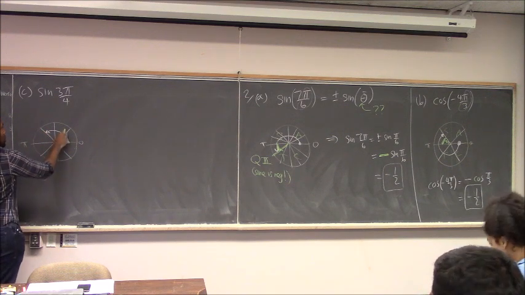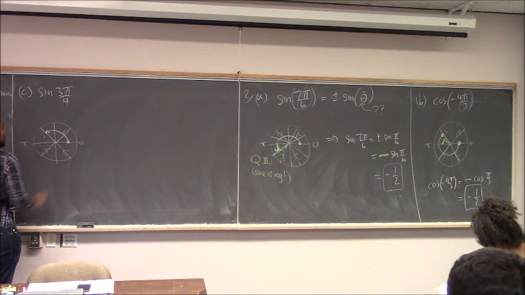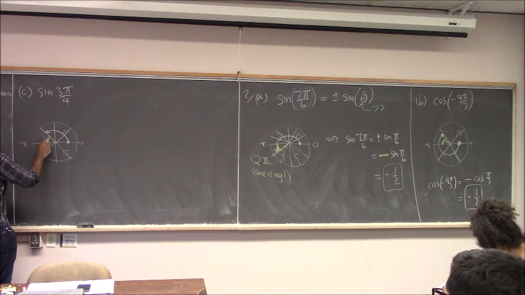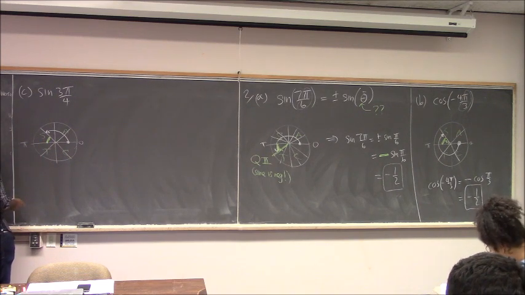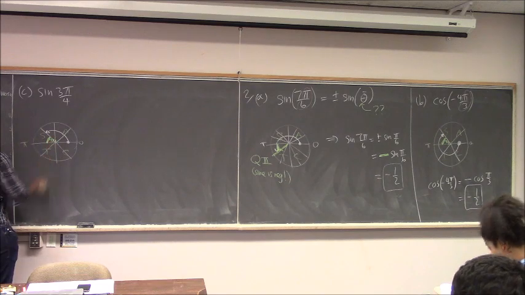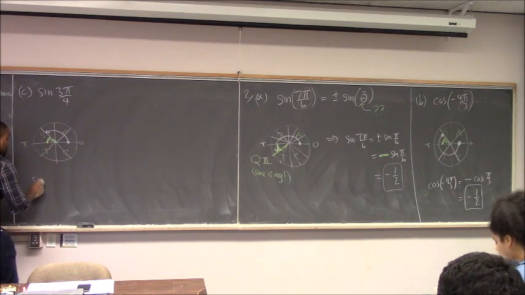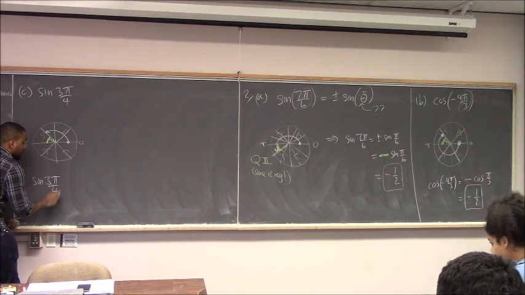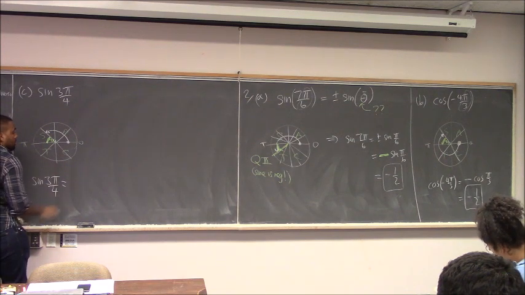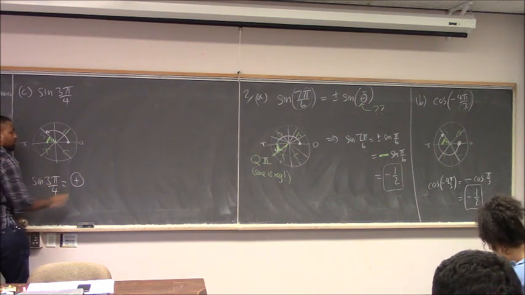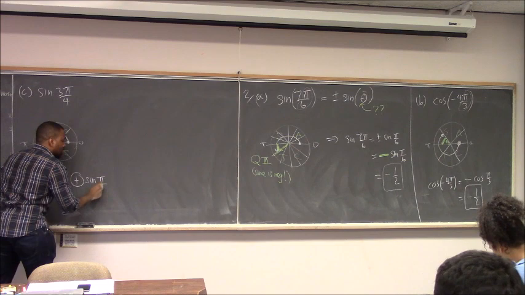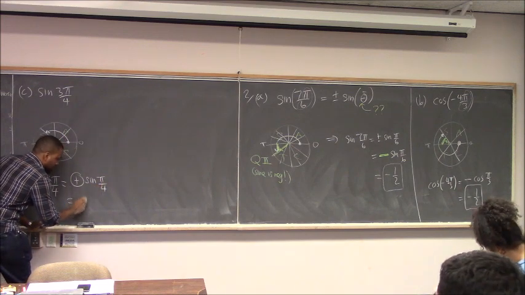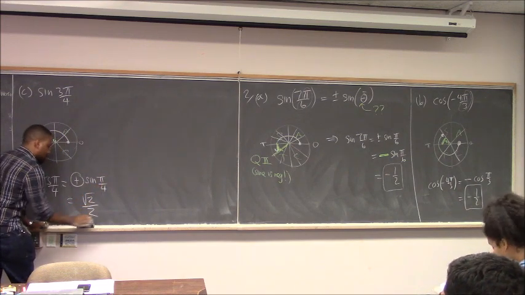Of course, we know all students take calculus, and we have the reference angle here, which is obviously pi over 4. And so the sine of 3 pi over 4 is going to be positive the sine of pi over 4, which we would have memorized is radical 2 over 2.